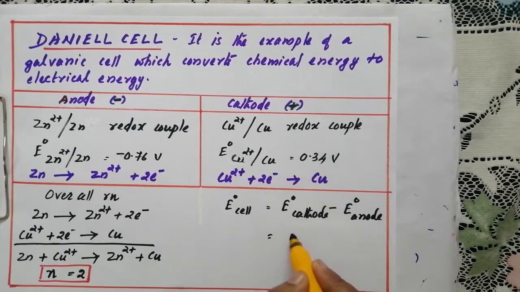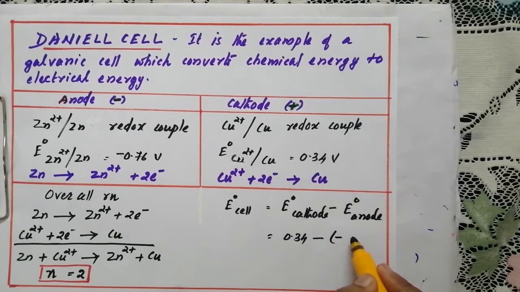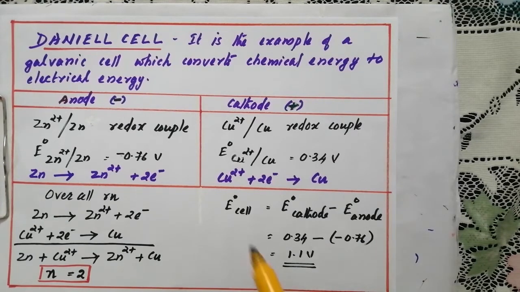That is equal to 0.34 minus of minus 0.76, that is equal to 1.1 volt. This is the E0 value. And we can see that E0 cell is 1.1 volt, which is a positive value. Hence, the redox reaction occurring in Daniell cell is a spontaneous reaction.